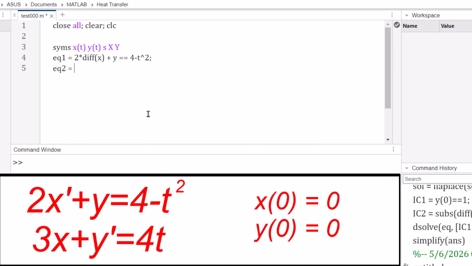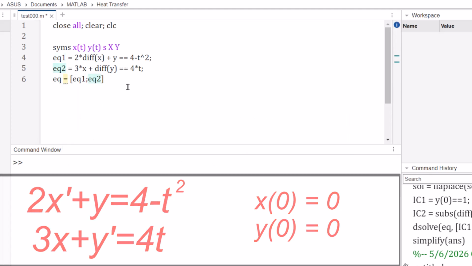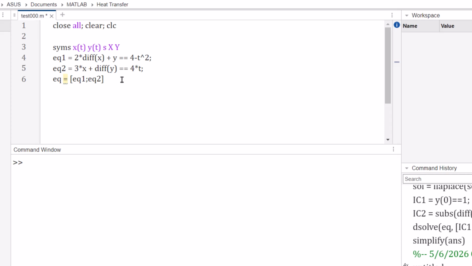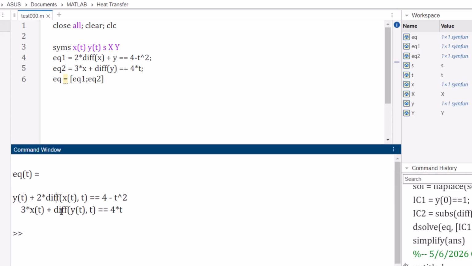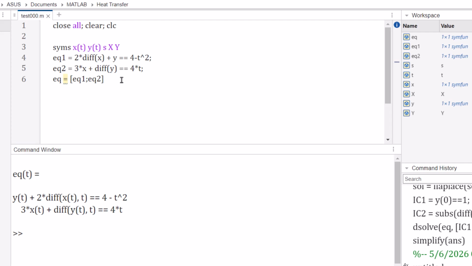And equation 2 is going to be 3 times x plus the first derivative of y is equal to 4 times t. Now I'm going to combine my two equations. I put them in a column. So I hit F5 and you can see both of my equations are stored in a single variable named EQ.